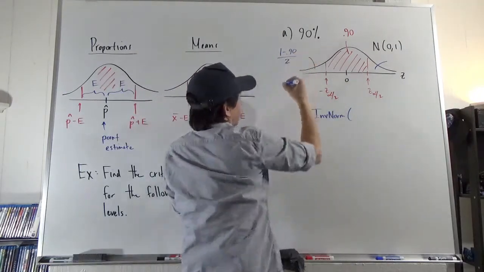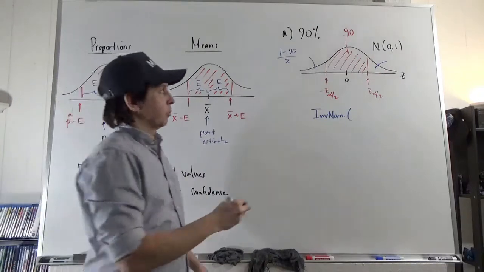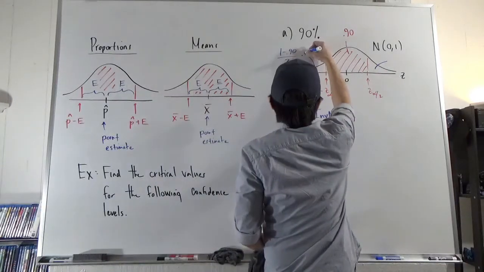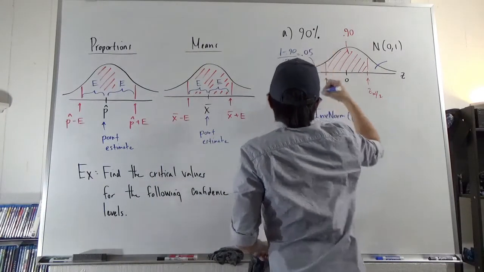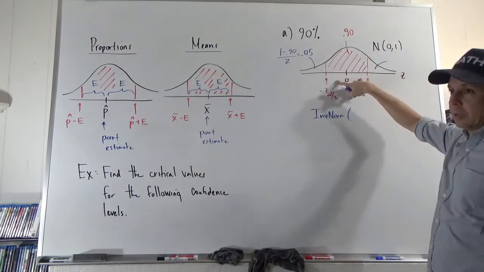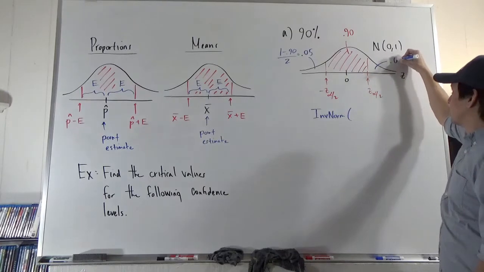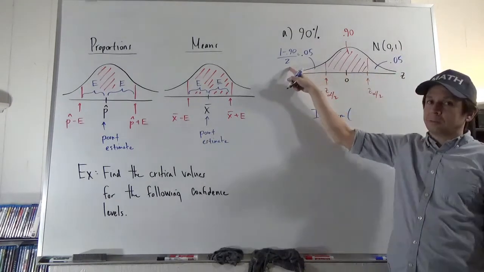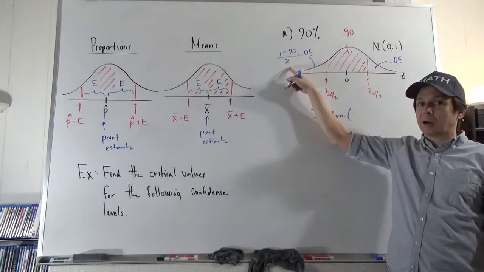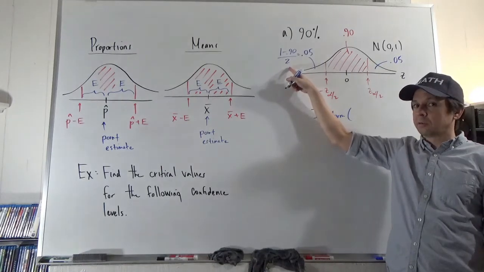So do not forget, you have to divide it by 2. The whole thing needs to total to 100. And for that to happen, you need 90% in the middle, and then equal amounts on each side. That means 5% and 5%. So 1 minus 0.90 divided by 2 will give you 0.05, and don't confuse it with 0.5, and don't confuse it with 0.005.